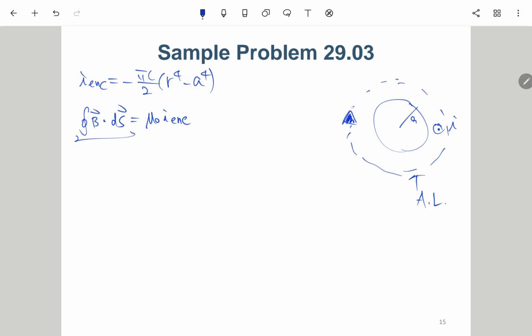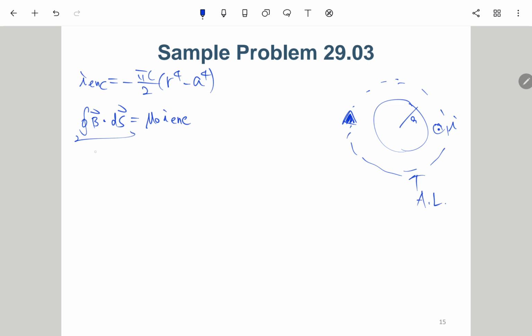It should be clockwise. And then the current is out of the page. So you can imagine the loop is like this. The positive direction should be into the page, but the current is out of the page. So you can expect the B field is negative.